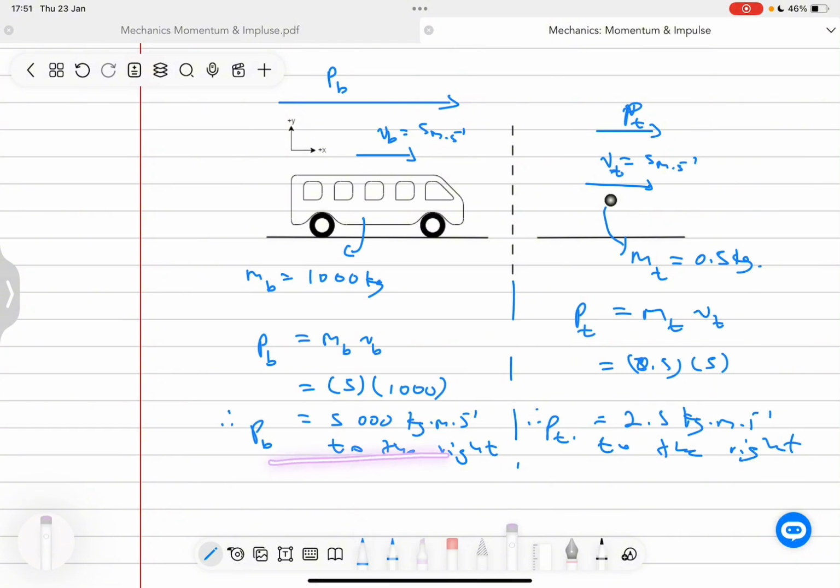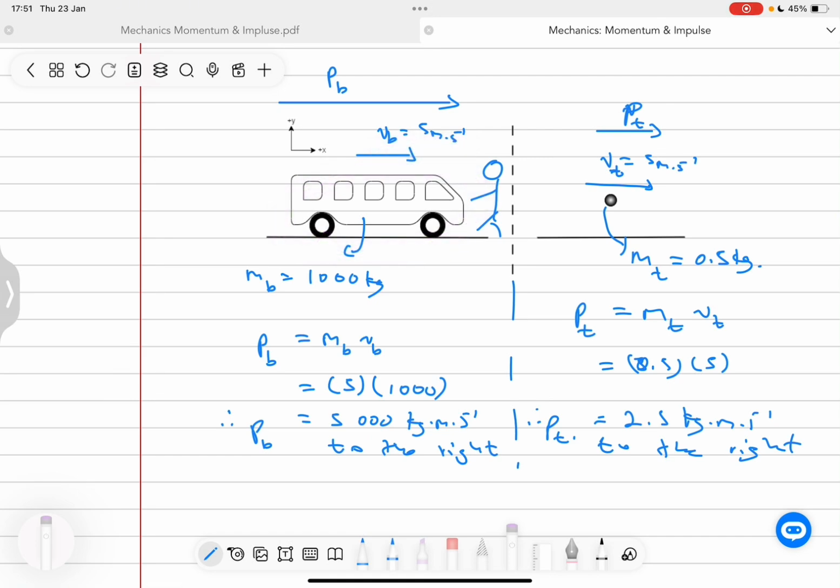Now, it is clear that a big number would tell us that we have a big amount of motion here, and a small number will tell us that we have a small amount of motion. This means that if I were to stand here and try to stop the bus from moving, it will be extremely difficult, if not impossible, because it is big in mass and also it is moving, even though it is moving at a smaller velocity.